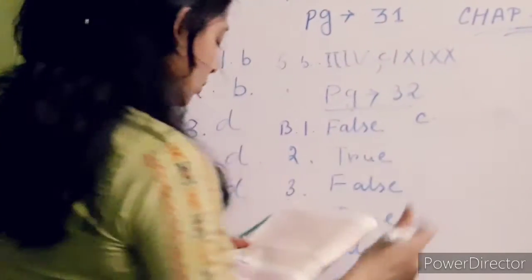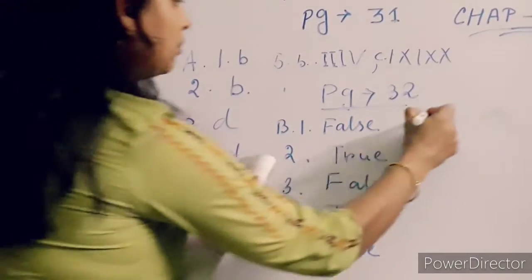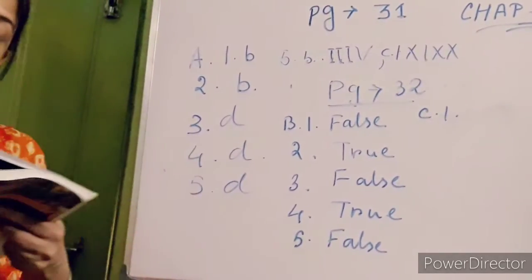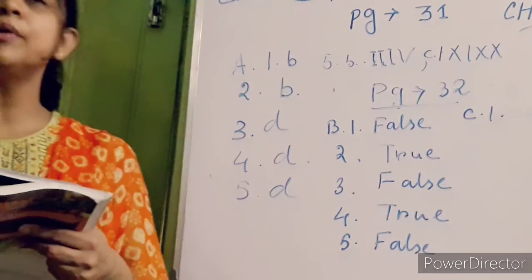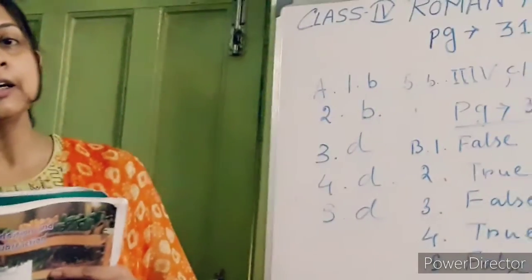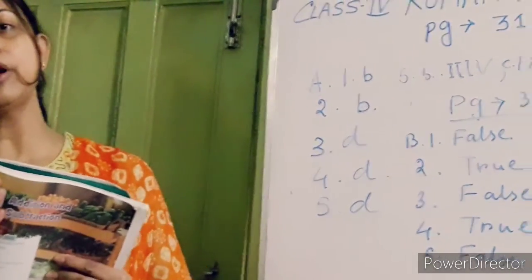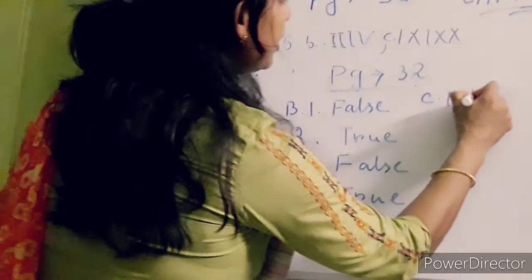C. Fill in the blanks. Number 1. Roman numeral D represents the number. The value of the D, I have told in the previous video, is 500.